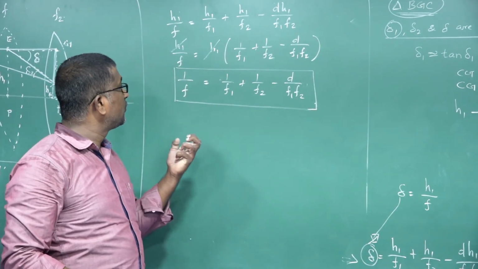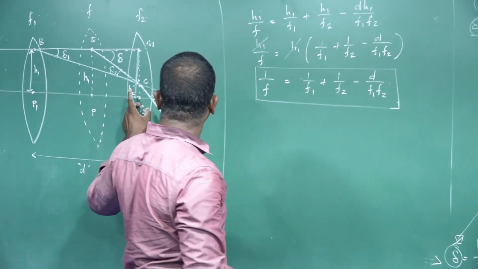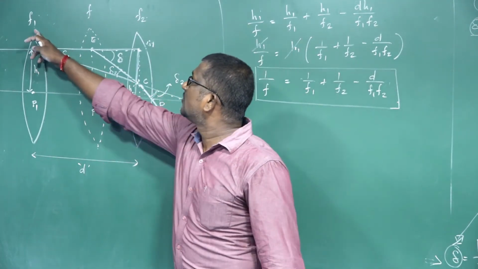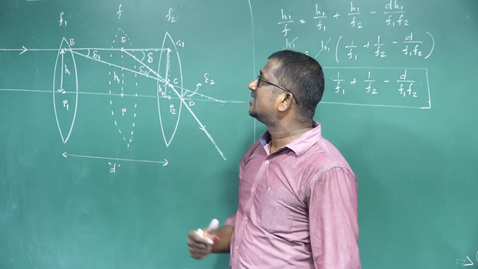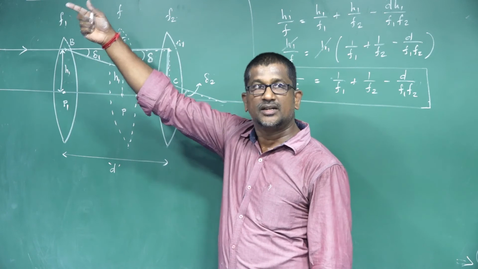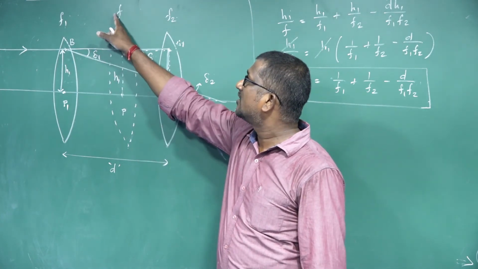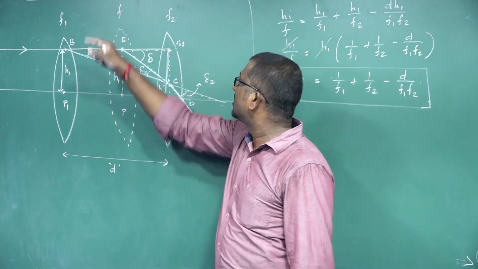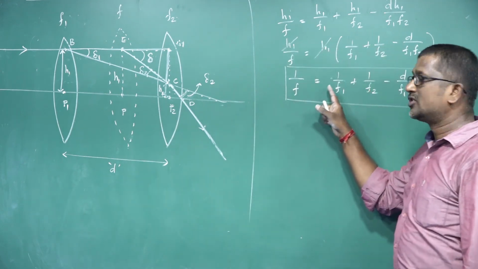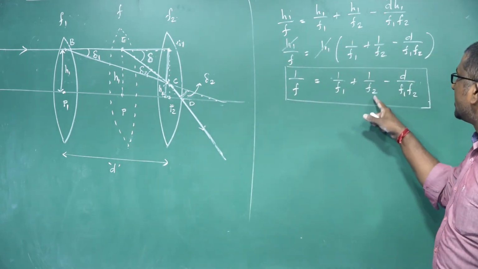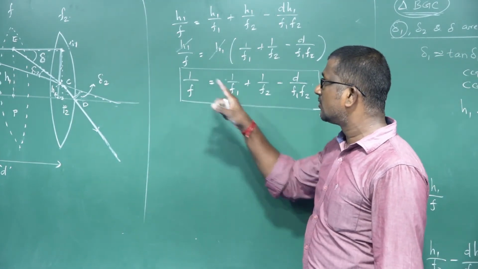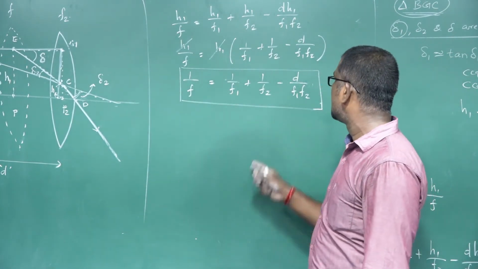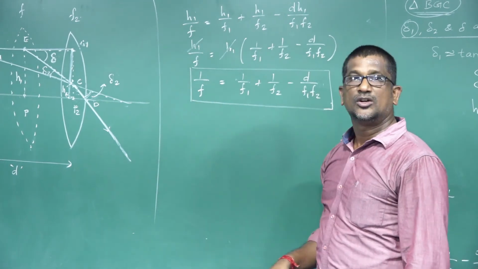That is the effective focal length of a combination of two thin lenses having focal lengths F1 and F2. It can be treated as a single thin lens when the object is placed at infinity. Its focal length is F. That value can be calculated by using the formula 1 divided by F is equal to 1 by F1 plus 1 by F2 minus D divided by F1 into F2. Here F1 and F2 are the focal lengths of the two thin lenses, and D the separation between the two lenses.